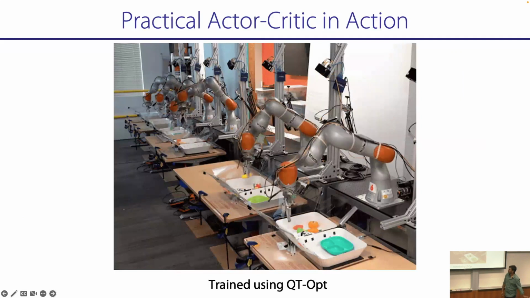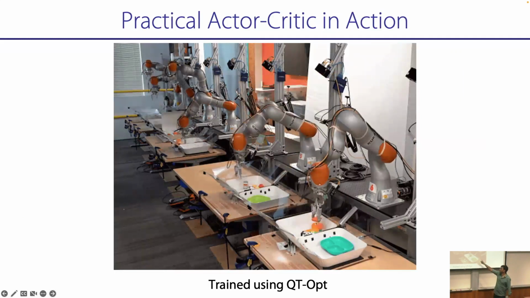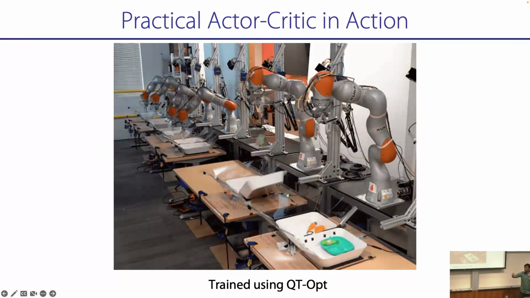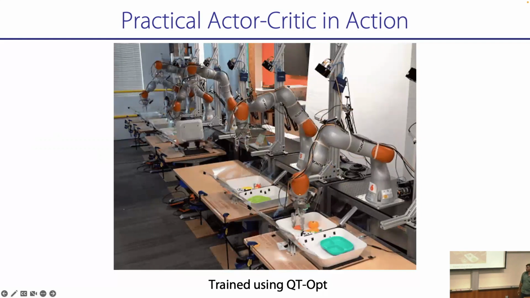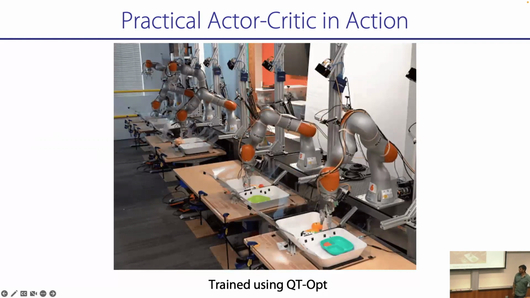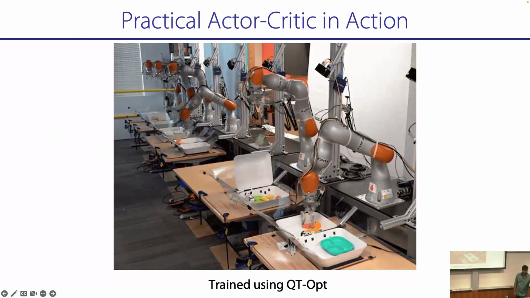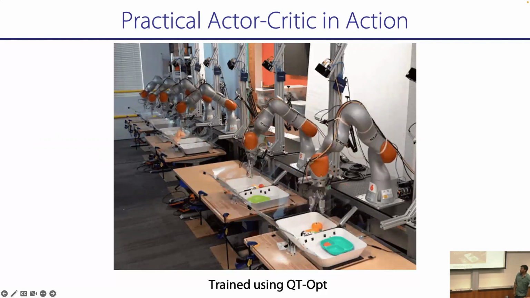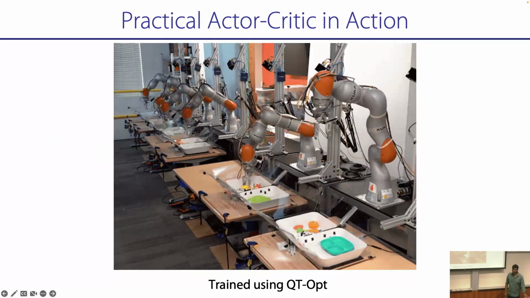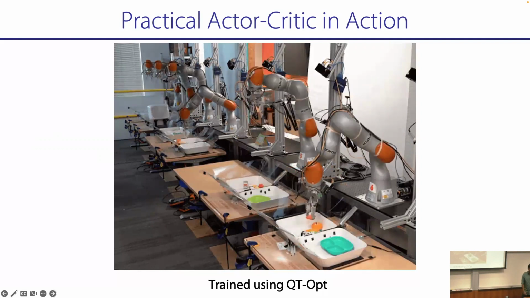Okay. So on videos, using the sampling-based version of Q-learning, this is some stuff from Google, which shows really high success on grasping and picking and placing and rotating and those kinds of things. They have like 14 robot arms that run all the time. And yeah, that's all they do.